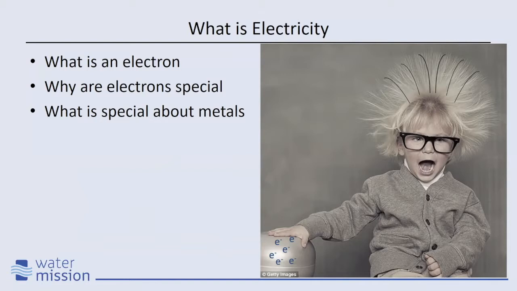So when this kid places his hand on that dome, those electrons are going to start to travel up the boy's arm as they try to get away from the high concentration of electrons on that dome. They continue to travel up his face and into his hair because they're trying to get as far away from that dome and from each other as they possibly can.